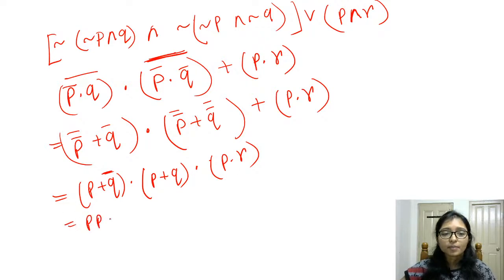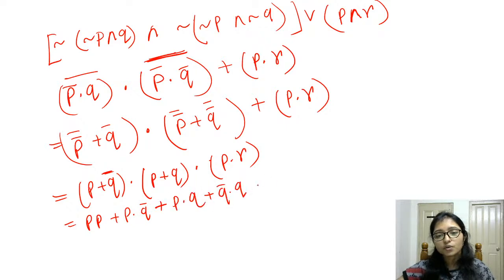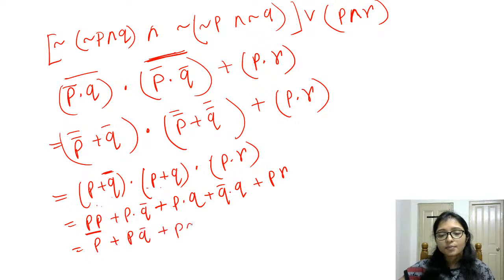So from here it will be P dot P plus P dot Q bar plus P dot Q plus Q bar dot Q plus PR, right? If you multiply, just multiply this, P plus P Q bar, it is coming like that. Now P plus P Q bar plus P Q plus, Q bar Q is 0, plus P R, right?